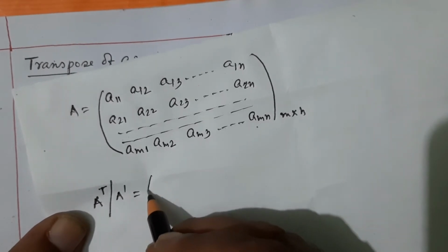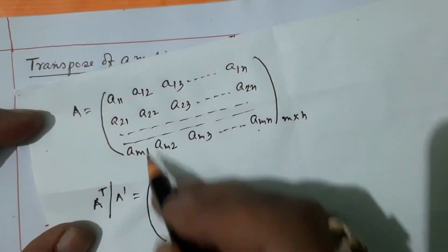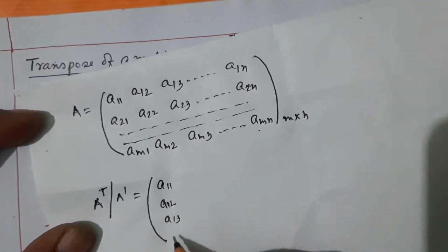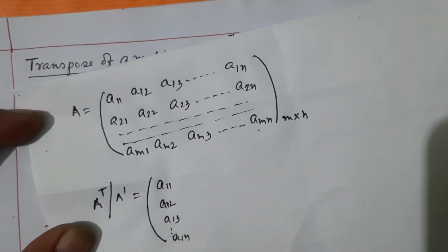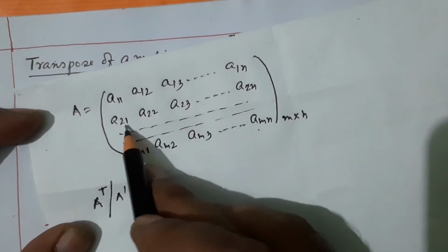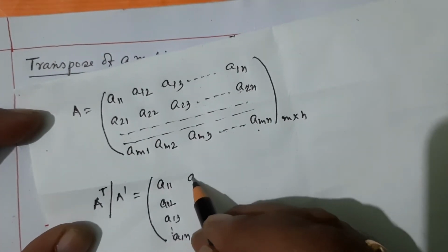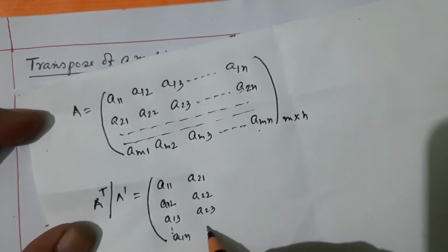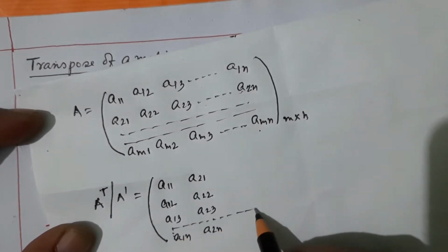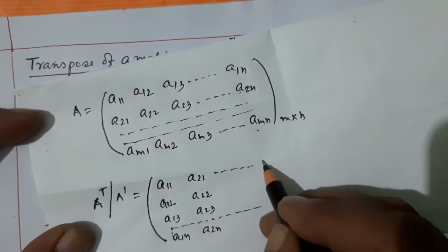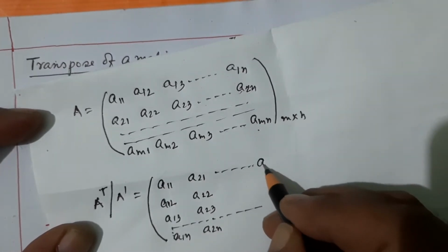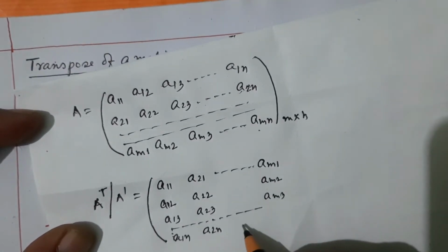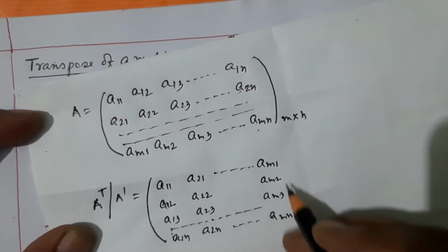How can we write it? This is a row, written as a column: A11, A12, A13, dot dot dot A1n. The second row is written as the second column: A21, A22, A23, dot dot dot A2n. The mth row is written as the mth column: AM1, AM2, AM3, dot dot dot AMN.